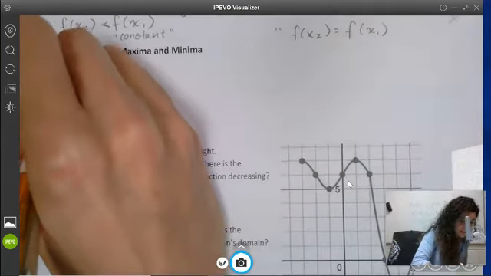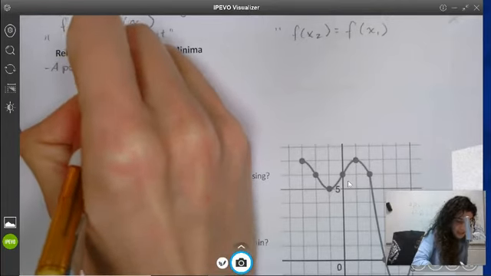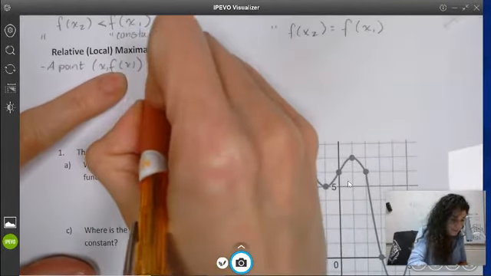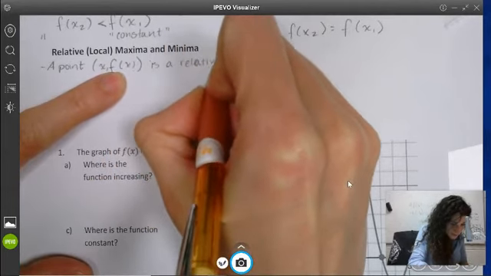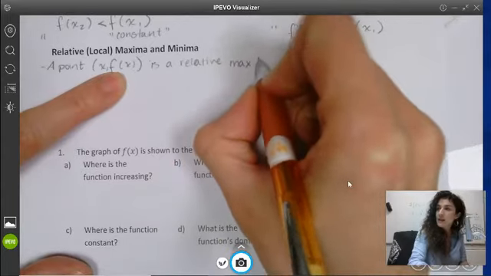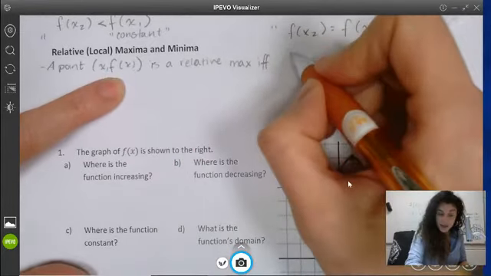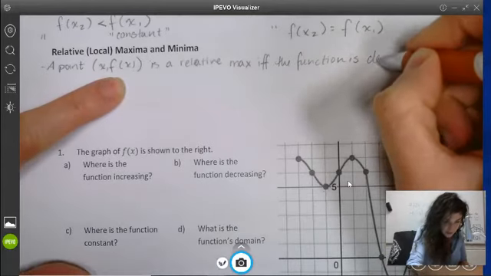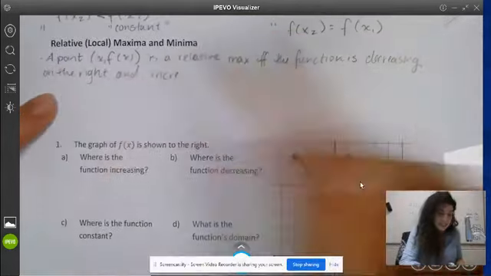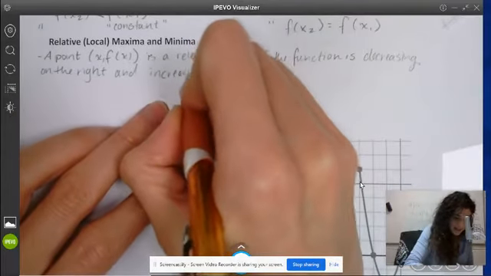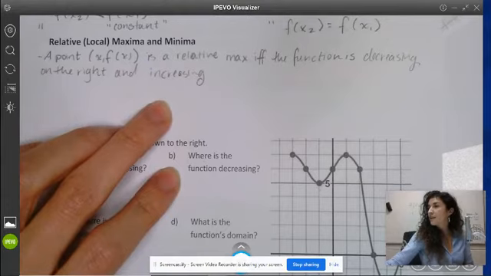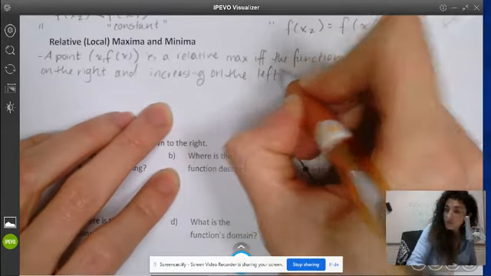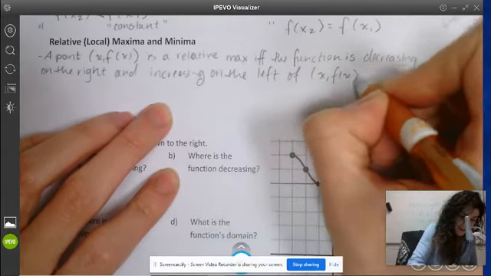A point, and we're going to call this point f of x, f of x is a relative maximum if and only if, so it's a two-way street, the function is decreasing on the right and increasing on the left of x and f of x.